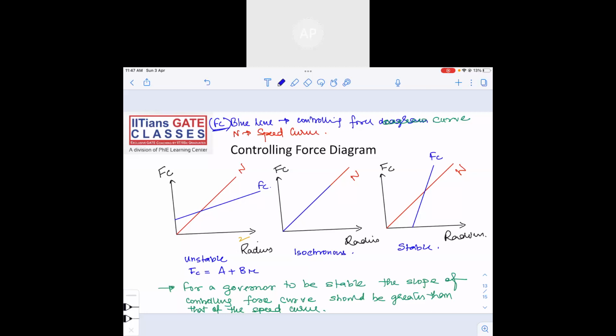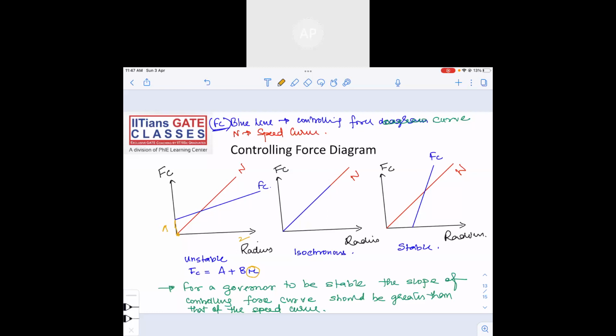I'll give you a simple trick. When R is equal to 0, FC will have some amount of value, that is A. FC will have some positive value.